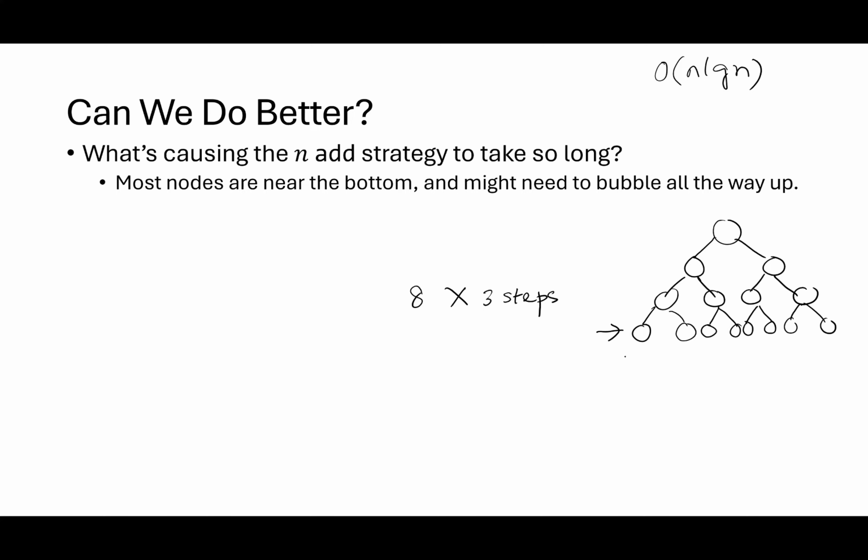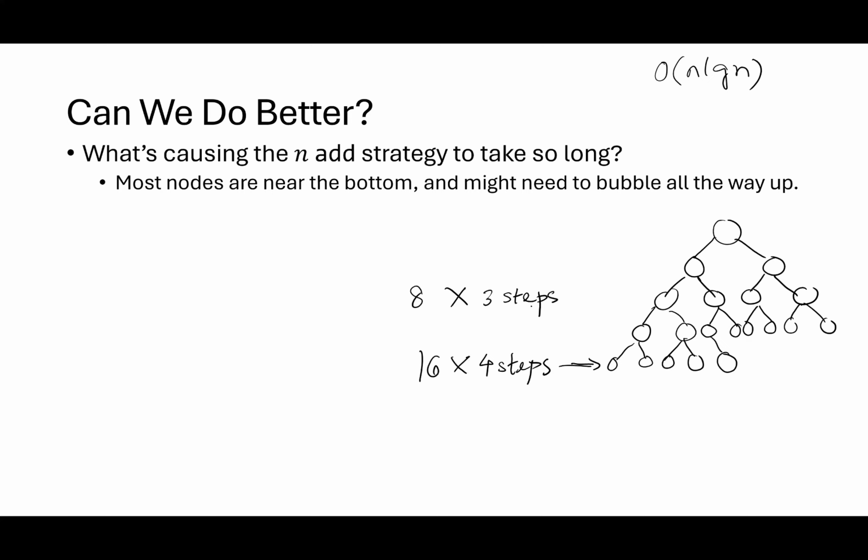If I add more, they will be added here, right? Now these nodes need to bubble up 4 steps each, and there can be 16 nodes in total.